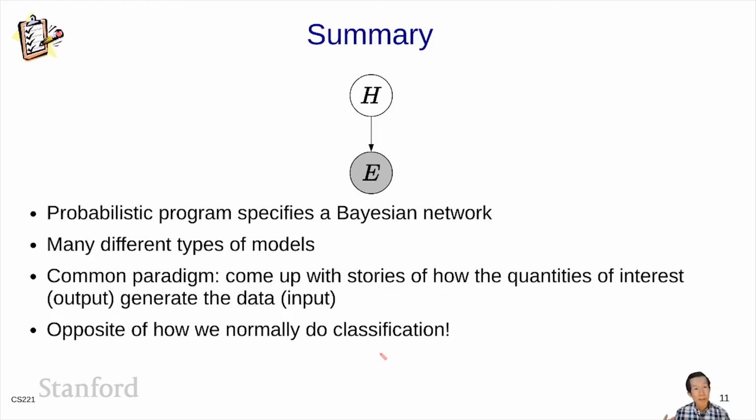In Bayesian networks, often it's reversed. You think about the quantities of interest first, how they might arise in the world, and then how the data is generated from those quantities of interest. So this paradigm might take a little bit of getting used to, but it might become natural after some practice.